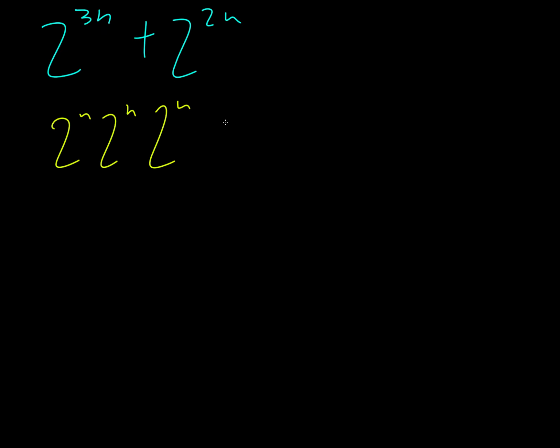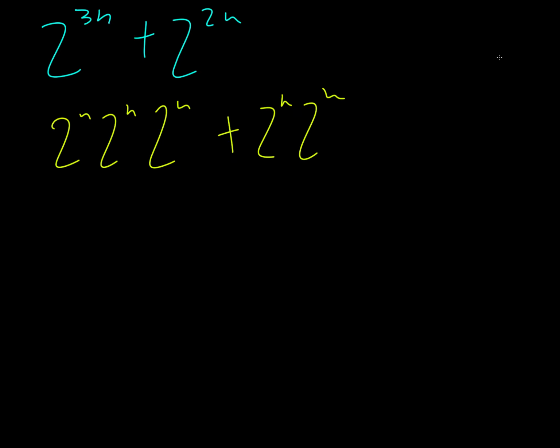All right, need some more space. Okay, we're going to do the same thing, still factorizing. Okay, so theoretically, this could be written as 2 to the n times 2 to the n times 2 to the n, plus 2 to the n times 2 to the n.